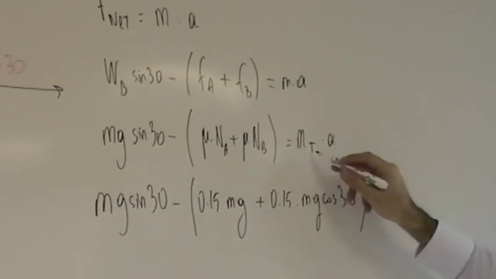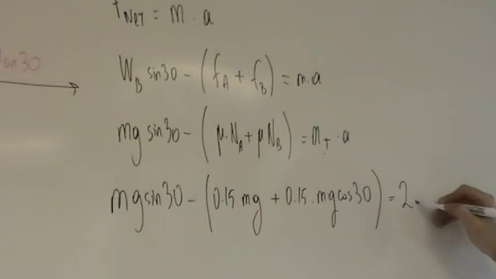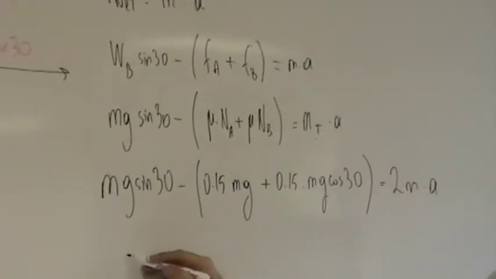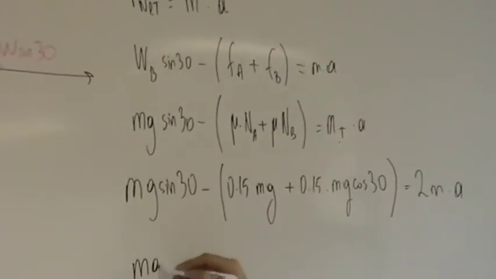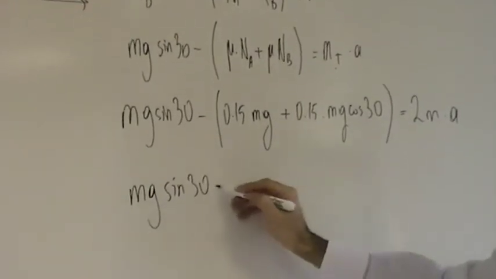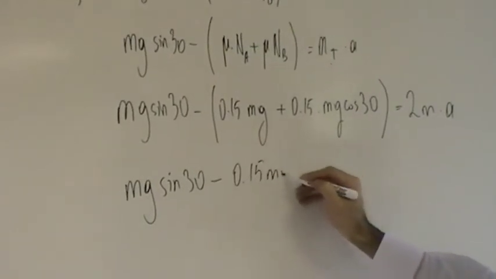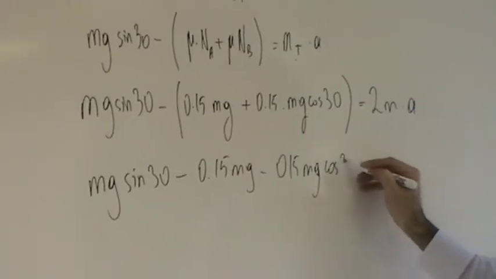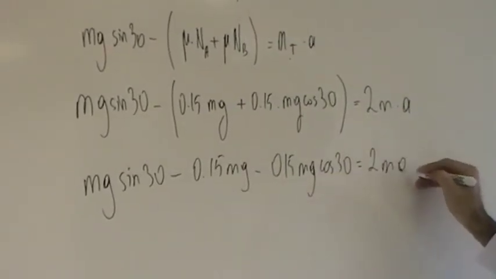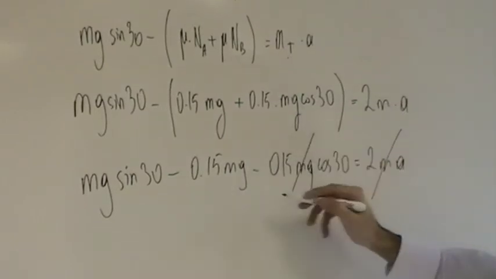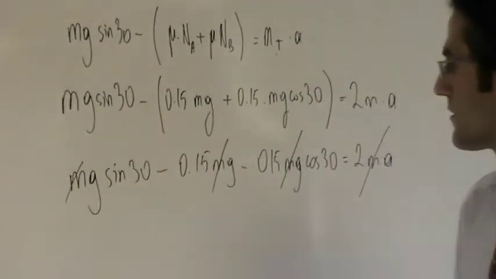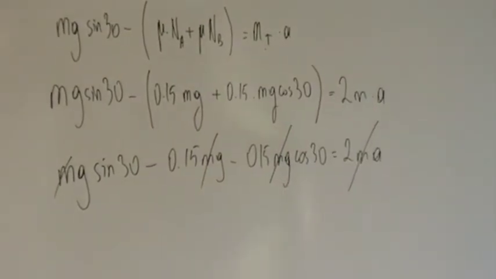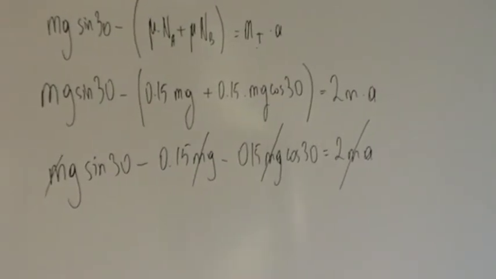It will be equal to the total mass of the system, 2m, multiplied by a. So mg sine of 30 minus 0.15 mg minus 0.15 mg cosine of 30 equals 2ma. We got m in every expression, so I can cancel it out. Let's solve this equation to find the acceleration again and see if we get the same answer.